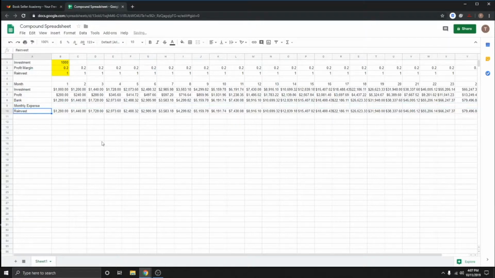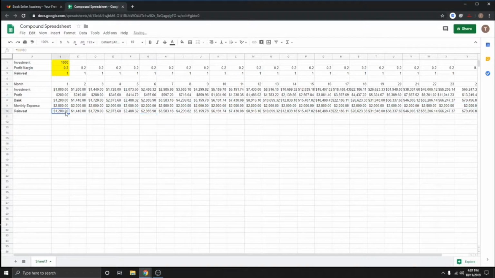Whatever that is, maybe it's your rent, maybe it's bills that you have to pay, maybe it's the Amazon seller fees that you have to pay, the $39 a month. But let's go ahead and just make that a $2,000 monthly expense, and let's pull that out.